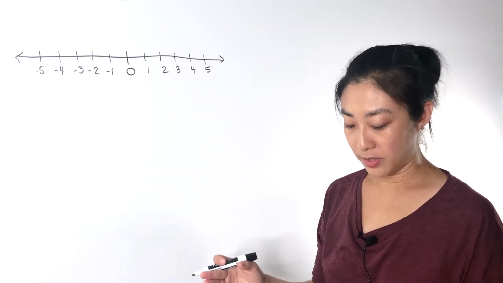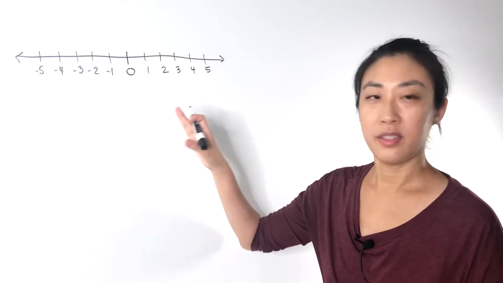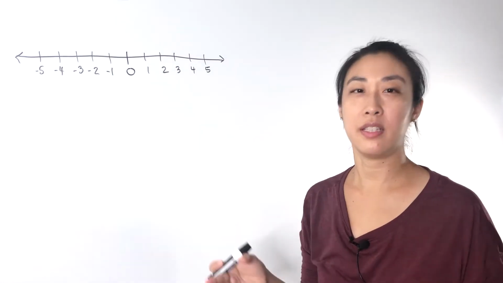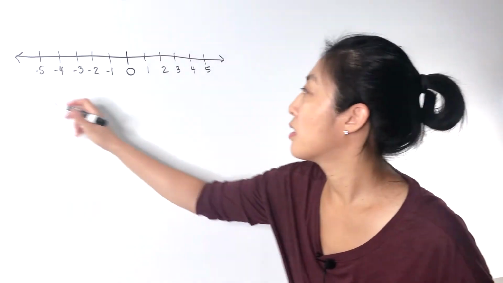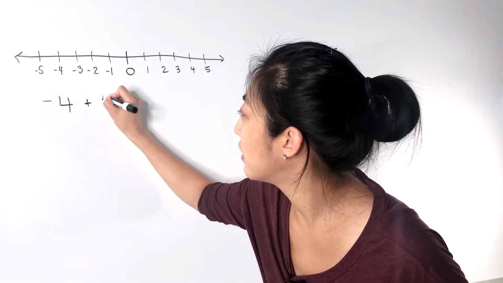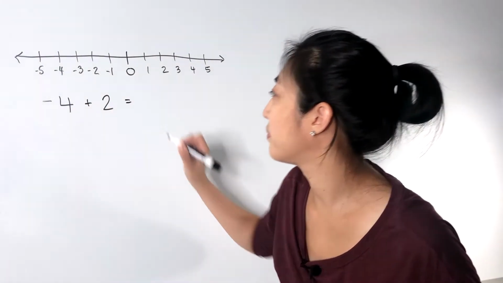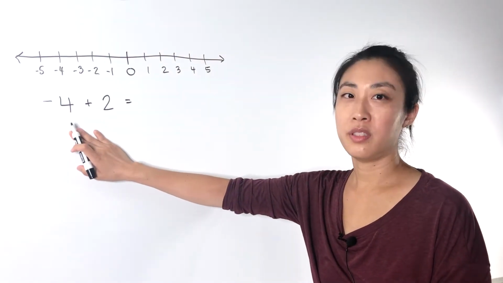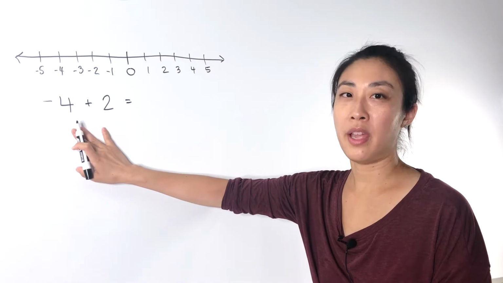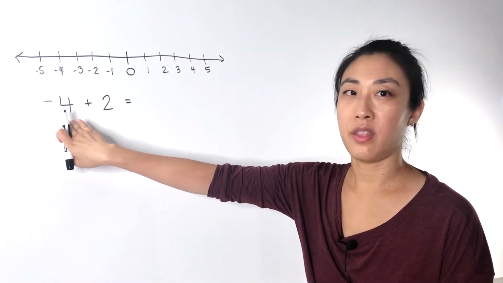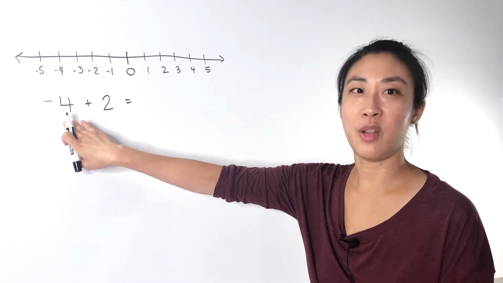So let's look. Negative left, positive right. Let's look at an example. We have -4 plus 2. How can we use the number line? Well, we can use the number line because the numbers are small. What you do is you start at the first number and find it on the number line.